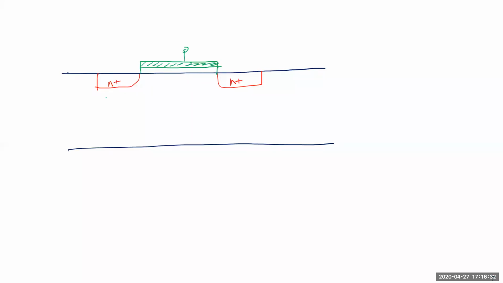The example we have been taking as a capacitor, we do the same thing, but now we short these two ends to the same potential as the bulk. So all the potentials are the same, and I still apply this gate voltage VG.